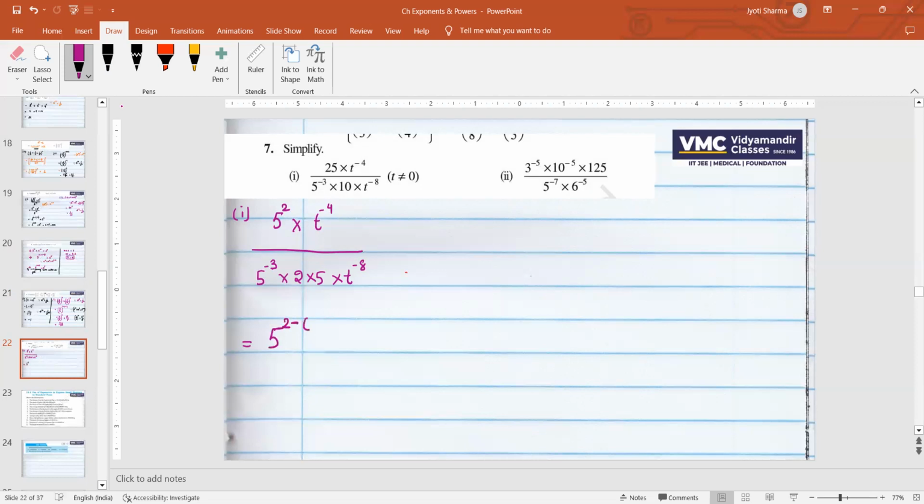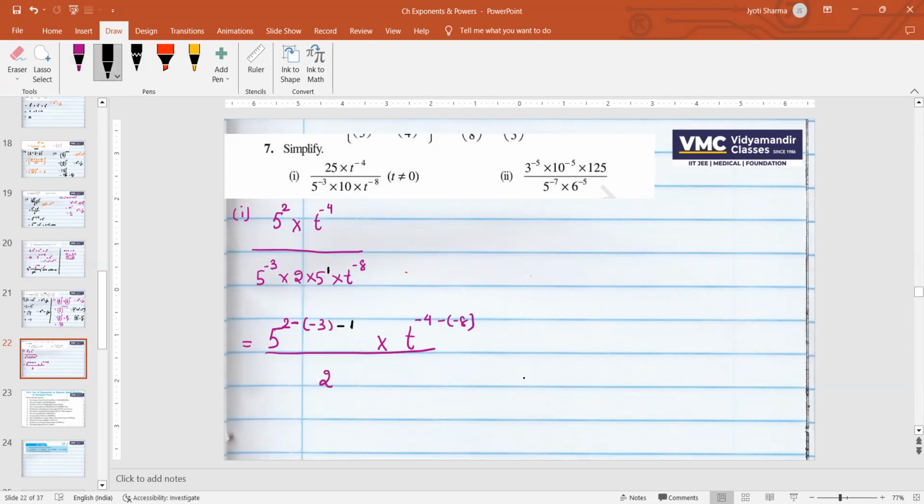This will be subtracted. And here nothing is there, so 1. And t also I will send here only. In this way, only 2 is left in the denominator.